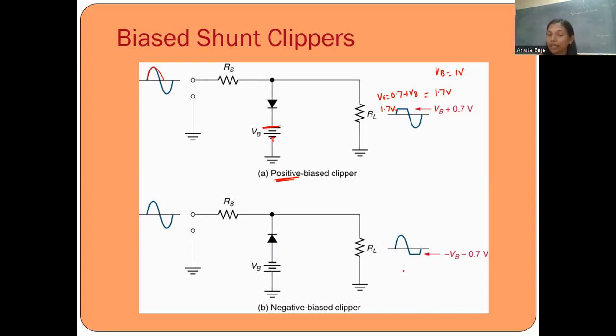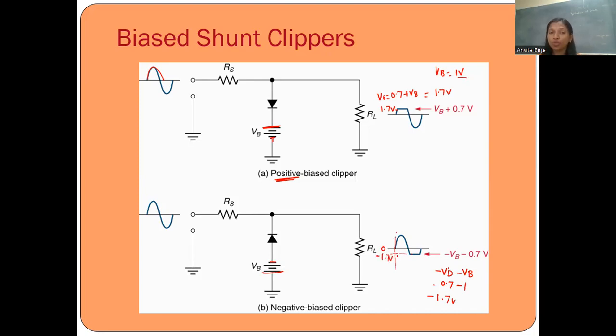It is clipping off the negative cycle, but because we have added VB, it is negative voltage. So totally it is minus VD, that is 0.7 volt, then minus supplied voltage VB. Again VB is 1 volt, that is minus because we are connecting polarity negative and positive. So negatively 1.7 volt. If I plot 0, then it is minus 1.7.